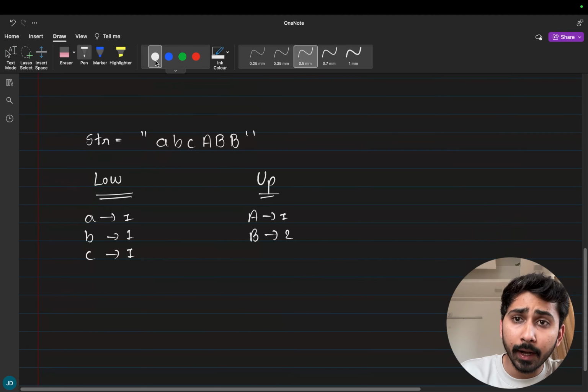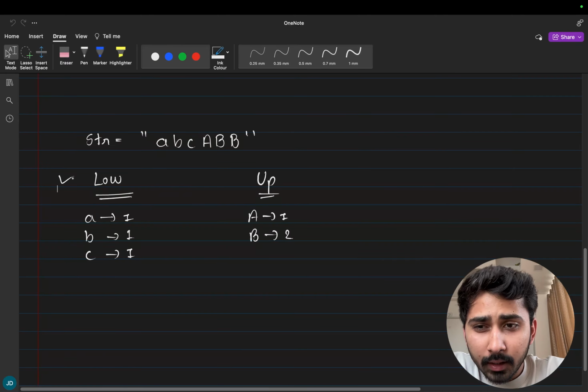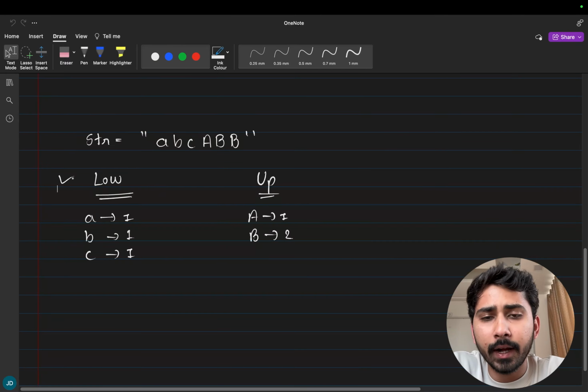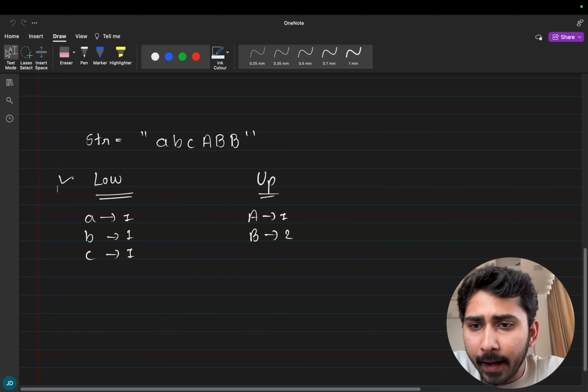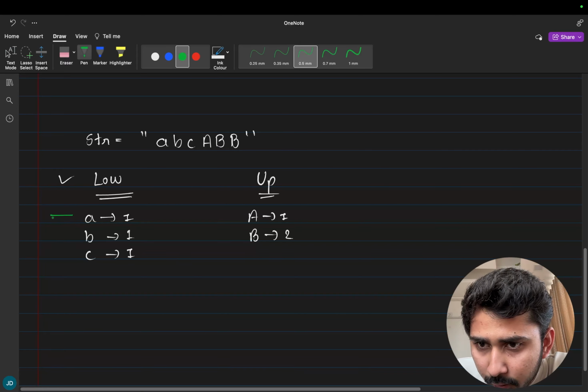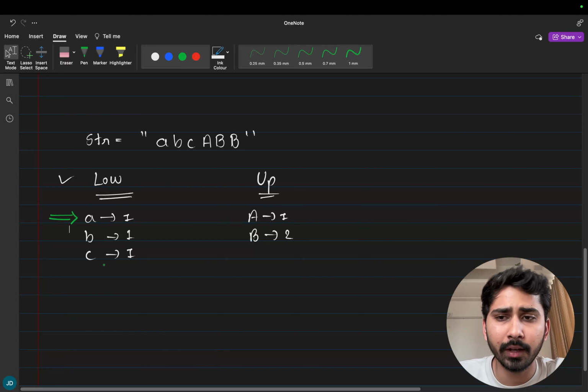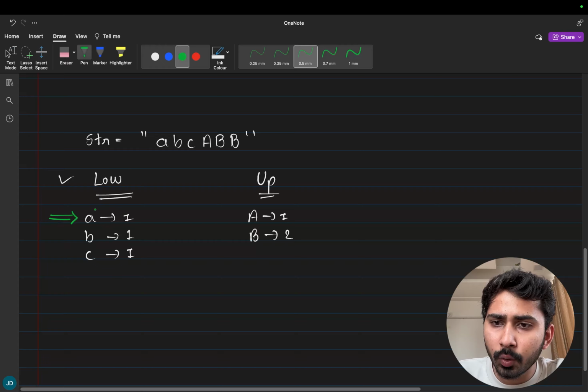Now, in order to find a valid pair, I'll be iterating over the frequency count of all the lowercase characters that are already present. For the lowercase character A, the frequency count is 1.